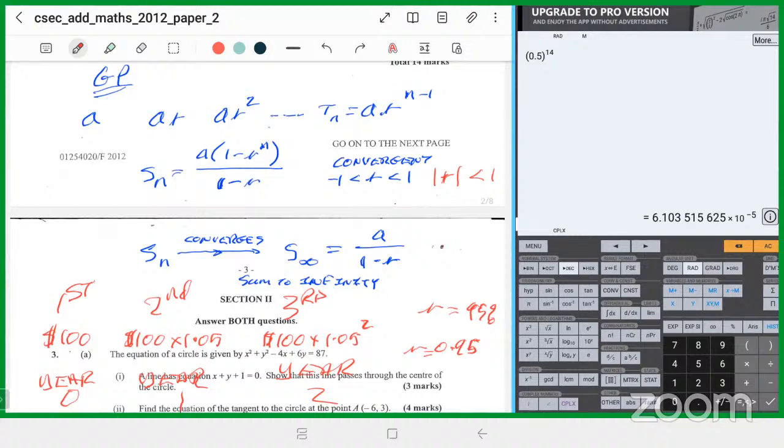So if something increased by 5%, then my common ratio is 1.05. If something is decreasing by 5%, then my common ratio is 0.95, because 95% is left. To get the new value, I have to multiply the original value by 95%, since 5% has gone from it.